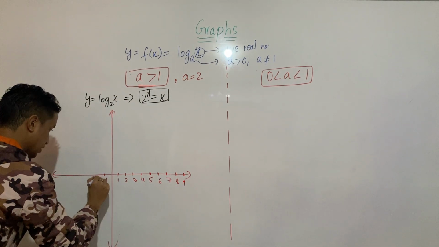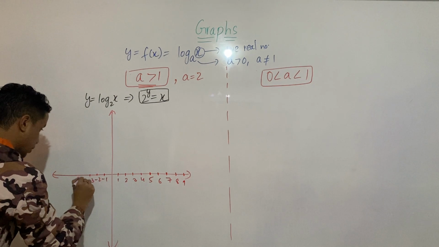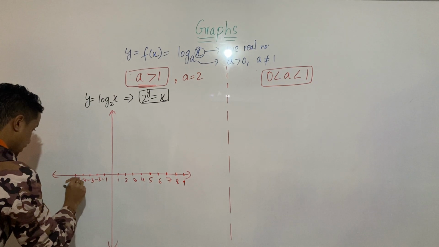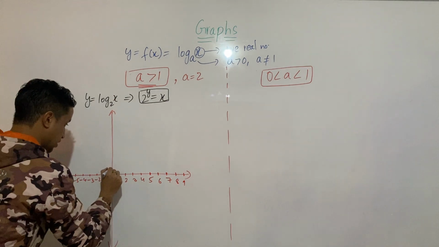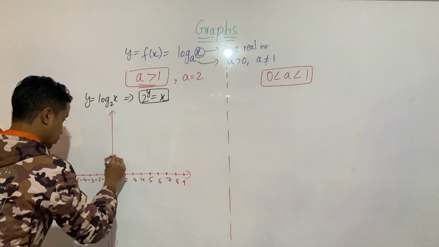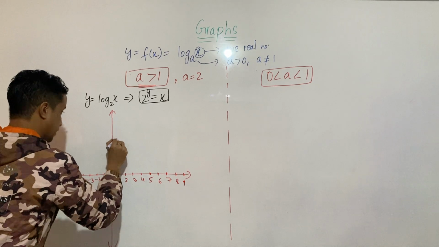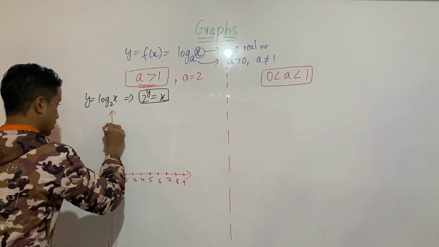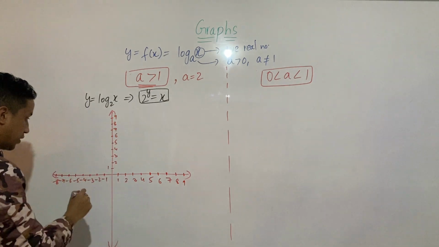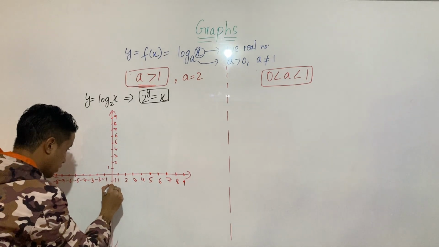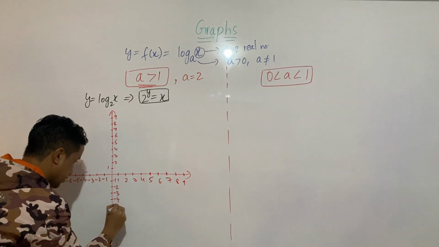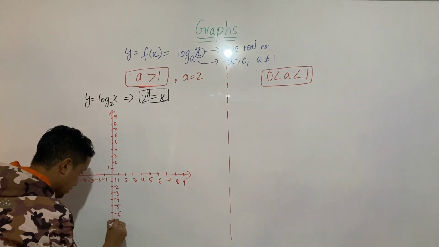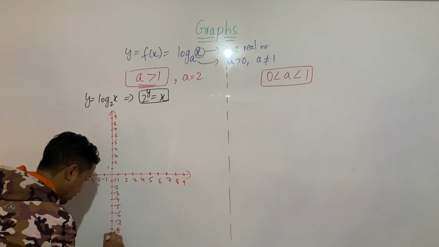On this side, -1, -2, -3, -4, -5, -6, -7, -8. Here 1, 2, 3, 4, 5, 6, 7, 8, 9. And here -1, -2, -3, -4, -5, -6, -7, -8, -9.